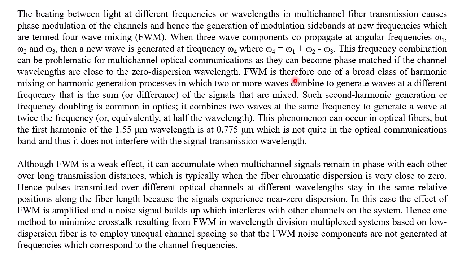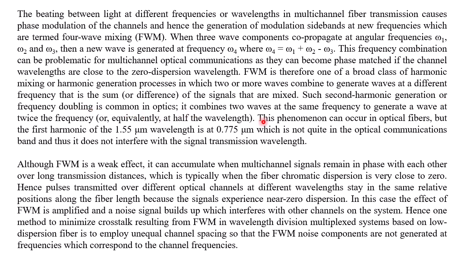Four-wave mixing is therefore one of the broad class of harmonic mixing or harmonic generation processes in which two or more waves combine to generate waves at a different frequency, that is the sum or difference of the signals that are mixed. Such second harmonic generation or frequency doubling is common in optics.